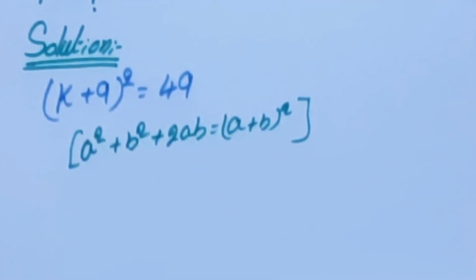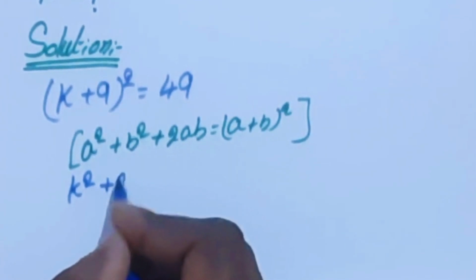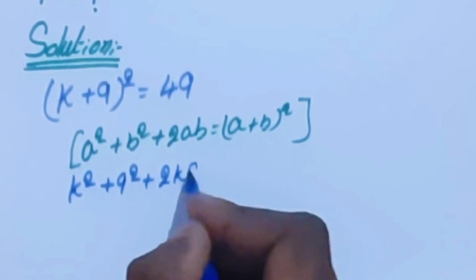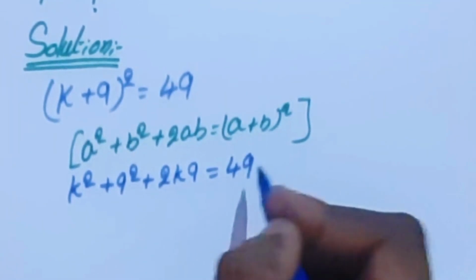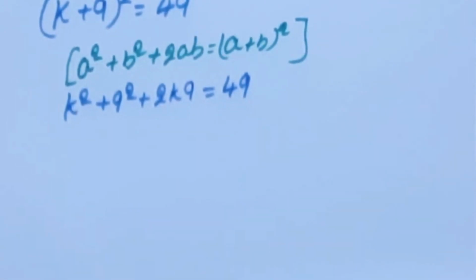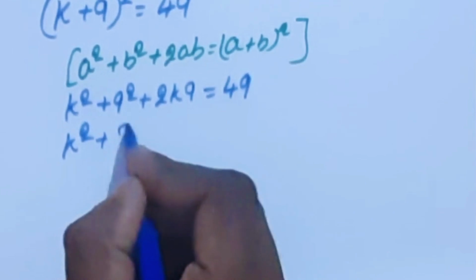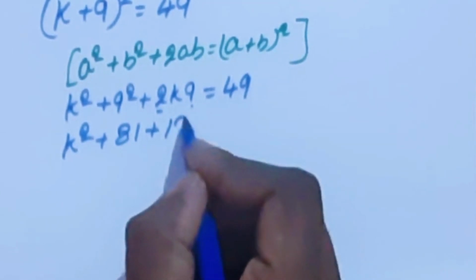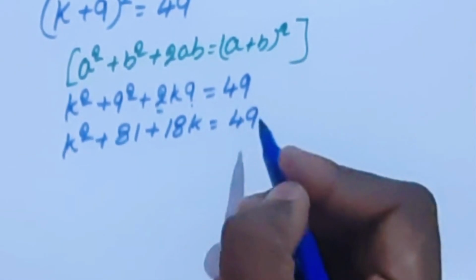So we'll get k^2 + 9^2 + 2 times k times 9 equal to 49. Now k^2 plus 9^2, which is 81, plus 2 times 9, which is 18k, equal to 49.